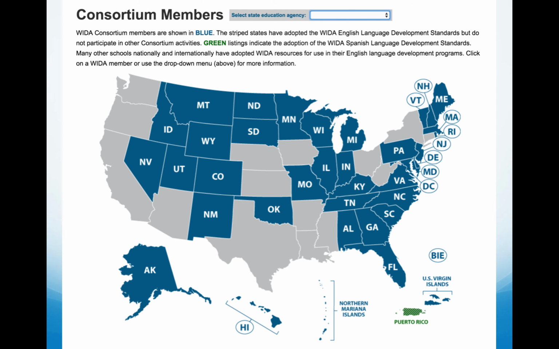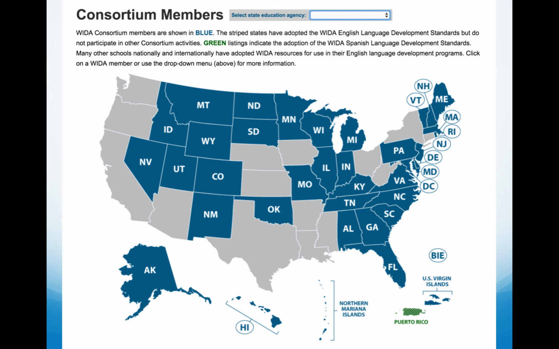If, for instance, however, a child comes from, let's say, Texas, that child would need to be screened using WIDA to get a baseline, and then in the spring the child would take the WIDA Access to determine what his or her language proficiency is.